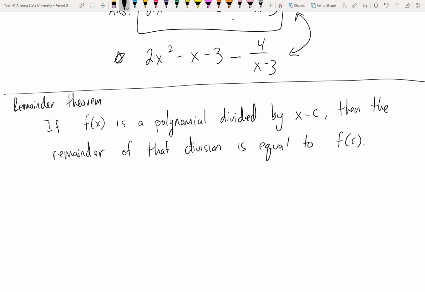What that means is the function outputs are nothing more than remainders of monic linear division.